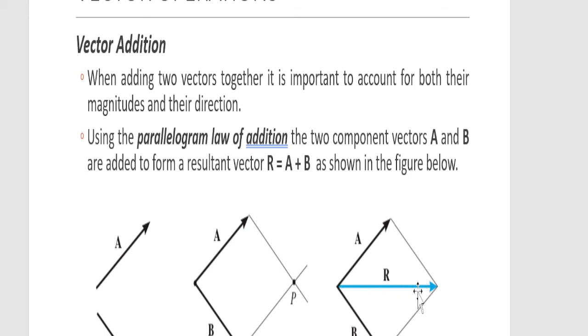That will be the resultant of the addition of the two vectors. Here you can see vector R, which is the resultant vector we get by the addition of vector A and vector B.